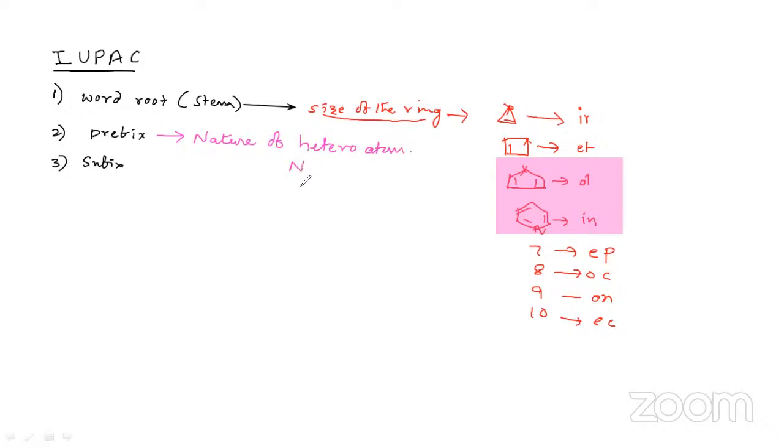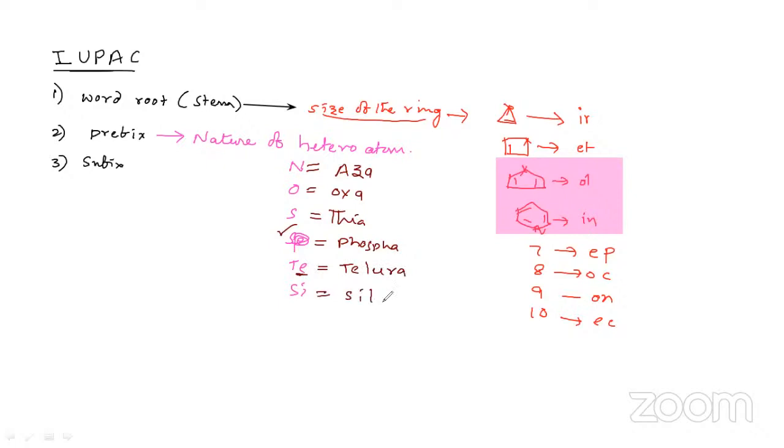Whether it is nitrogen, oxygen, sulfur, selenium, tellurium, silicon, or phosphorus. Suppose nitrogen is there, you can write aza for nitrogen atom, oxa for oxygen atom, thia for sulfur atom, phospha for phosphorus atom, tellura for tellurium, sila for silicon, arsa for arsenic.